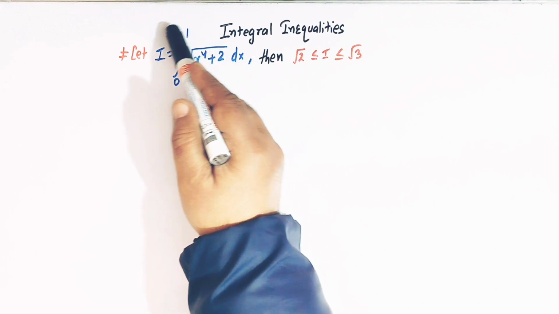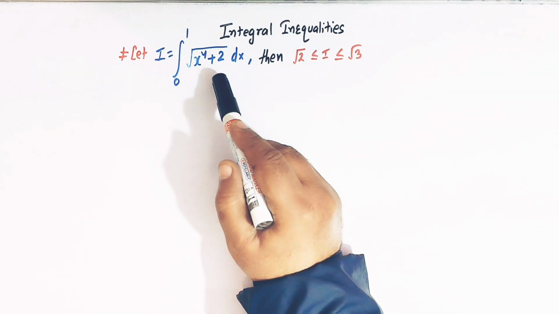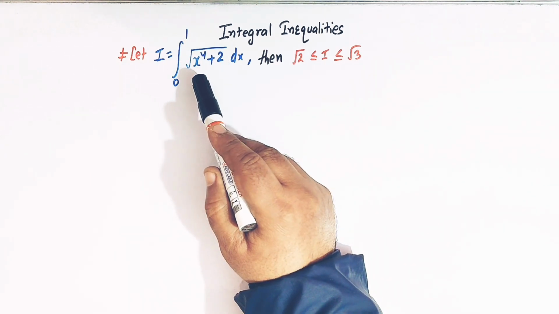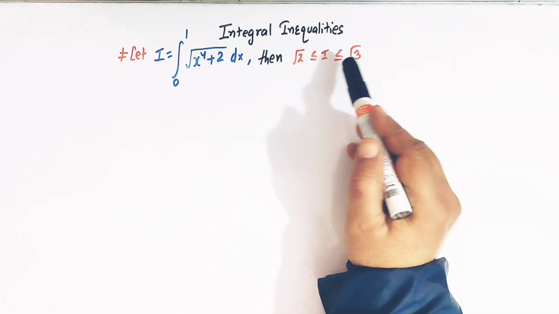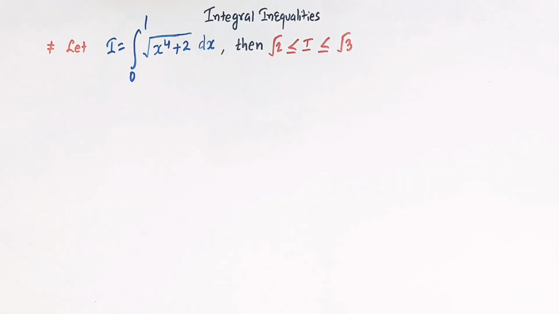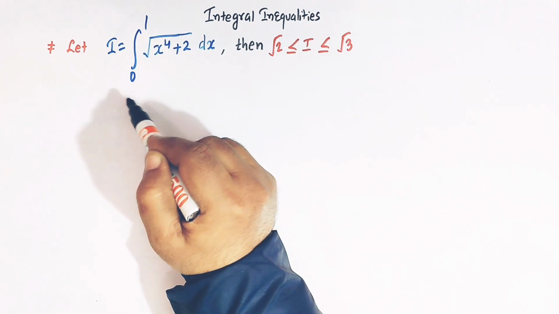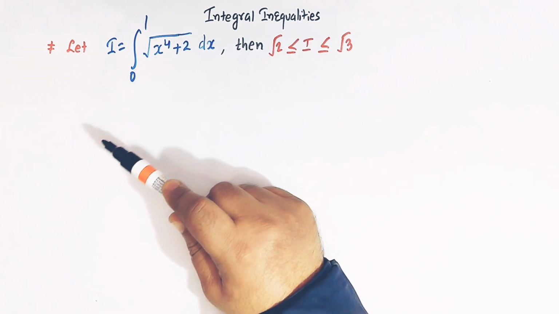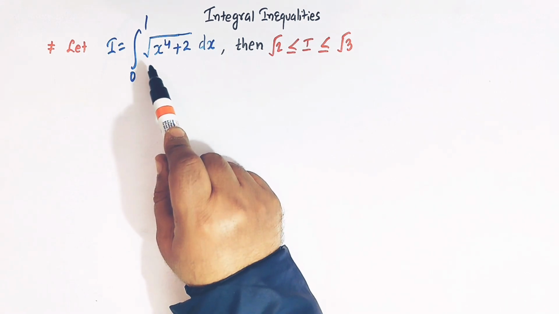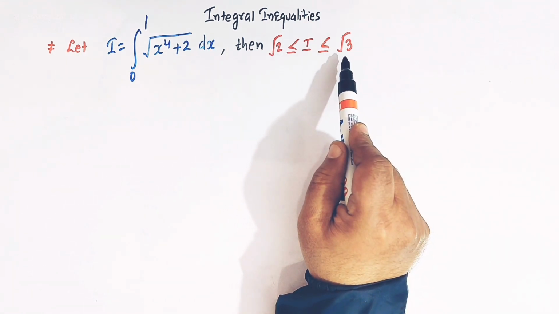So without actually evaluating this integral, we have to estimate the value of this integral I between these two numbers. So viewers, here we have to estimate this integral, and we have to show that the value of this integral lies between square root of 2 and square root of 3, right?